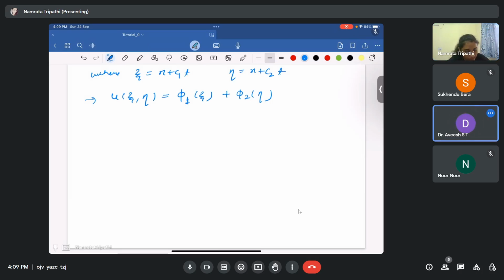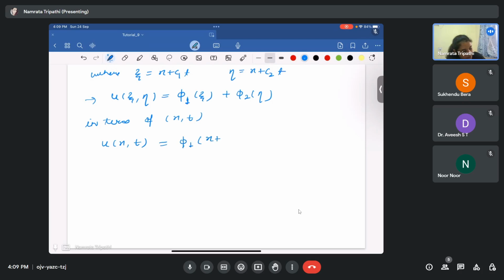Okay, now you can substitute the values of xi and eta, so you will get u x t in terms of x and t. What will be the value? Phi 1 of x plus c1t plus phi 2 of x plus c2t.